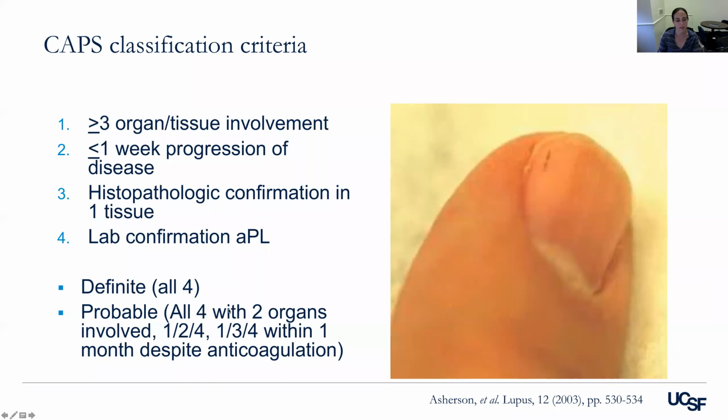And then there's a scoring system here in which patients can be classified into either definite CAPS or probable CAPS. I don't think these things are important for clinical care, but these criteria, I think, help you keep in mind the key features of this condition.